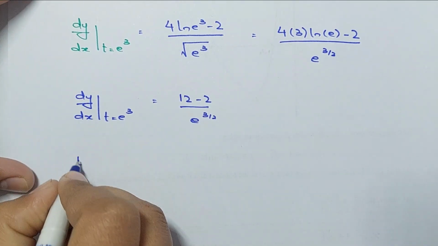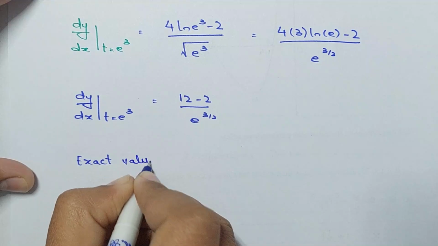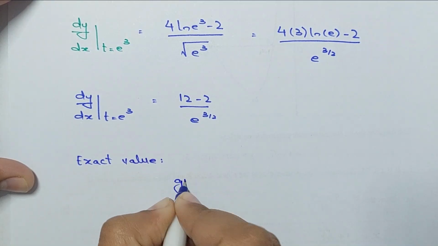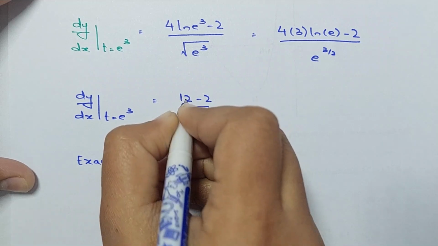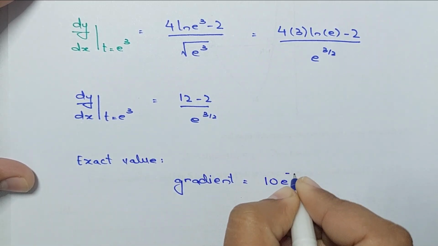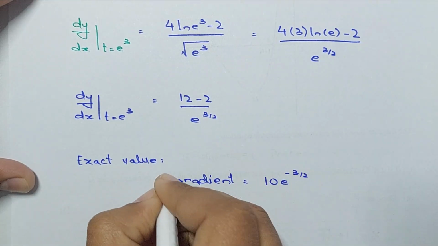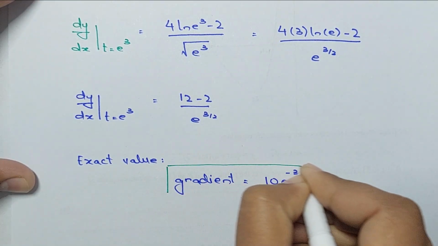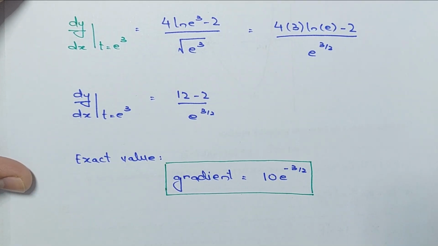So the exact value of the gradient is 10 e to the power minus 3 by 2. When you shift this power to the numerator, it becomes negative. This is the exact value of the gradient of the curve at point B.